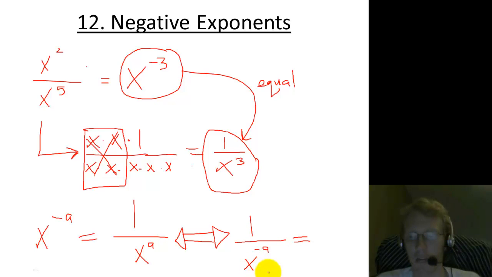So you're dividing by a fraction, you flip it over and you put it in the numerator as a positive exponent. So if you have a negative, move it to the denominator. If you have a negative in the denominator, move it up into the numerator. The negative sign just means flip it from the bottom to the top or from the top to the bottom. And every time you flip it, you always change the sign.